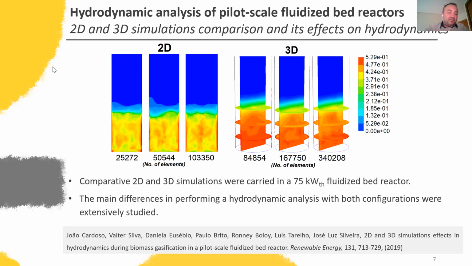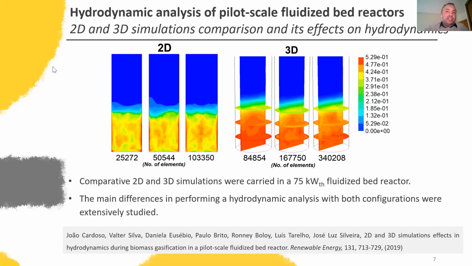So the great majority of times, a two-dimensional simulation is enough, even when we are dealing with big reactors, for example. We also have some tricks to use a 3D simulation, taking advantage, for example, of the symmetry of the reactor, and then we reduce the time needed to do the entire process.